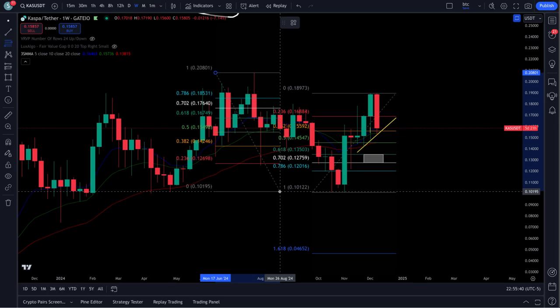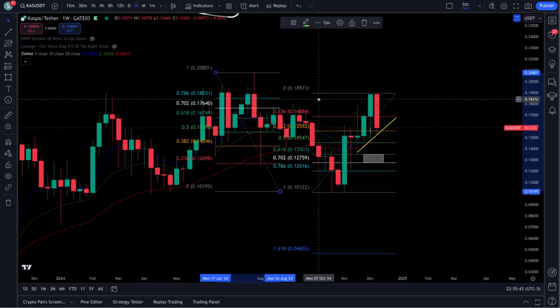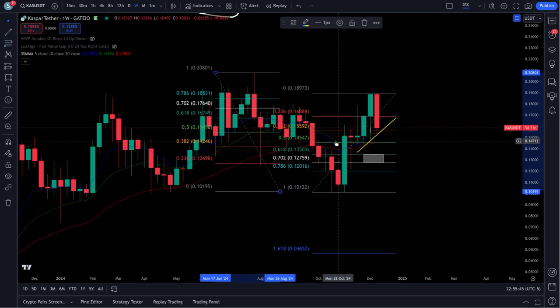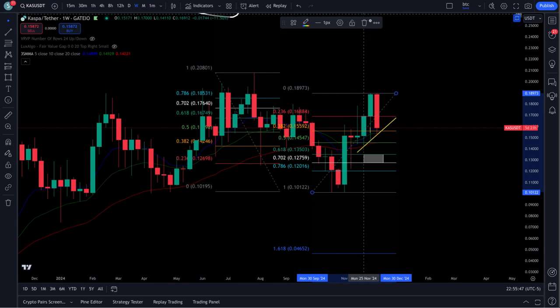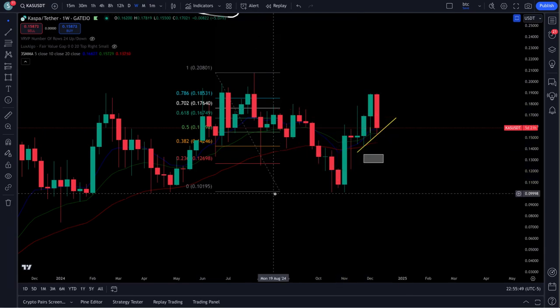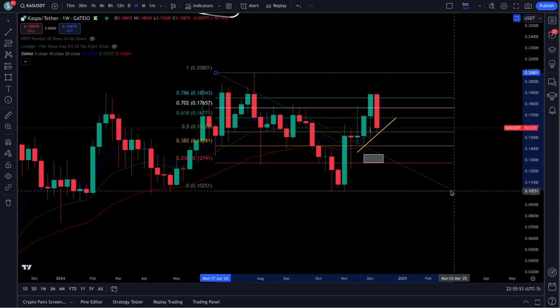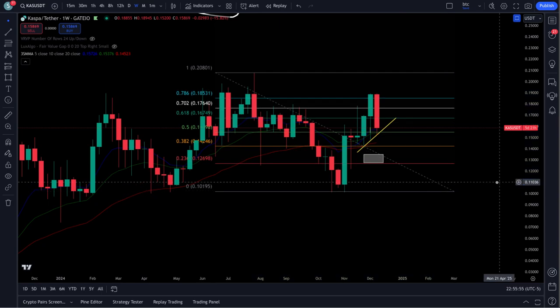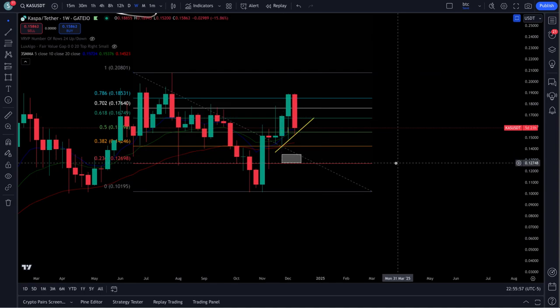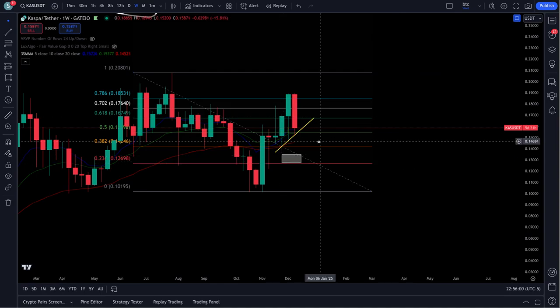Now, if we put a fib on this thing, you can see it came right up here towards that 786. Let's see how far this came up before we got a rejection. Right up into them levels. It is right in that area where you could definitely get out on a weekly.